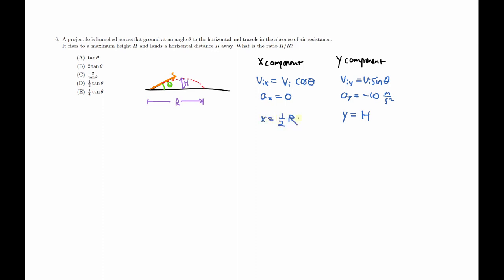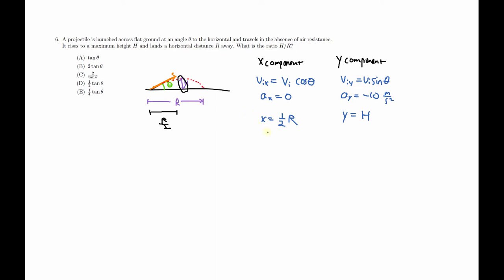Let me make it clear that my study right now is at the maximum, so it's only the first half frame, and I can choose that because this is a very symmetric parabola, so all you have to do is multiply by 2 when we deal with the full range. What else do we need?